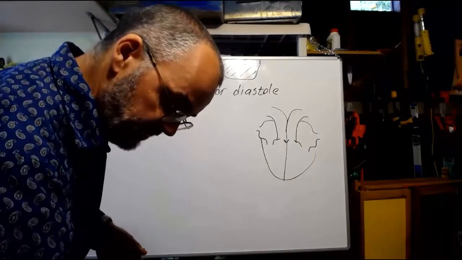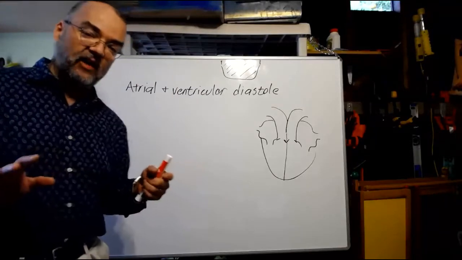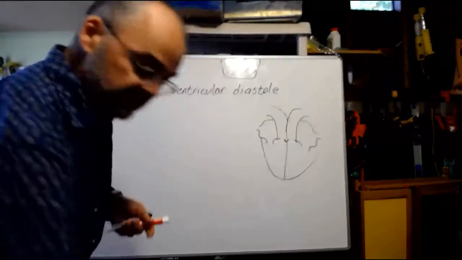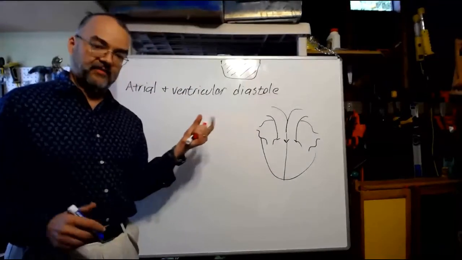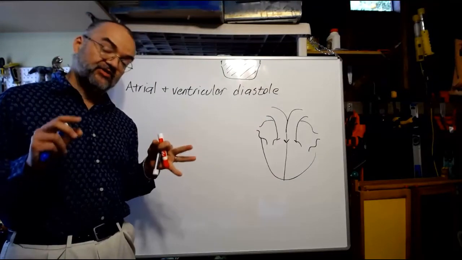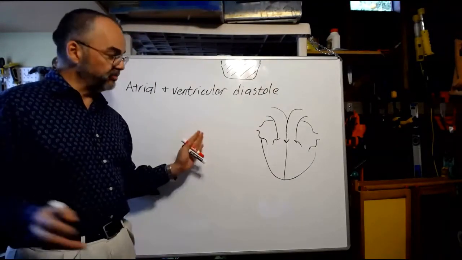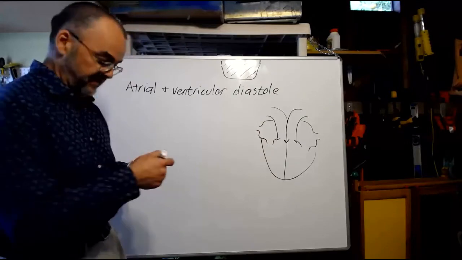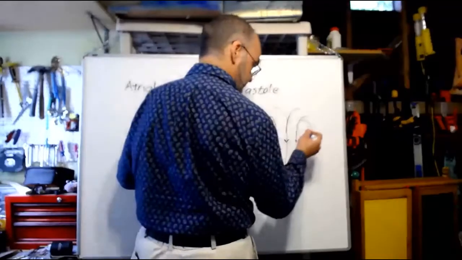So in here right now, blood is coming to the heart because the atria are relaxed. So the pressure in the atria is very low, and blood is coming to the atria from the veins. So let's just sketch that in here.